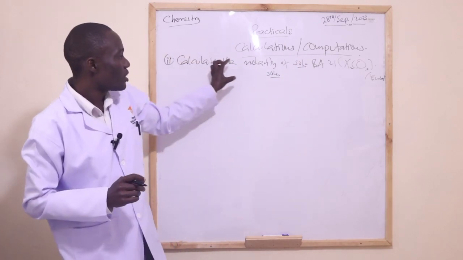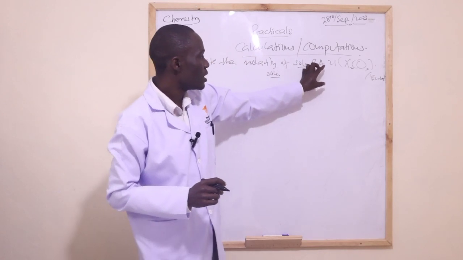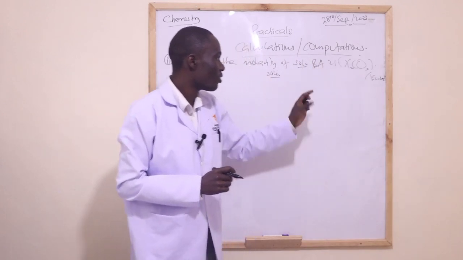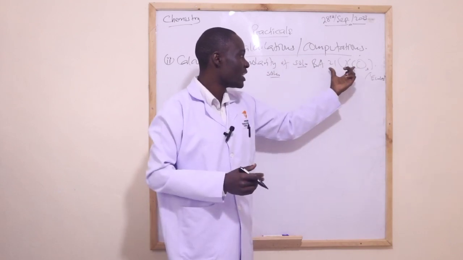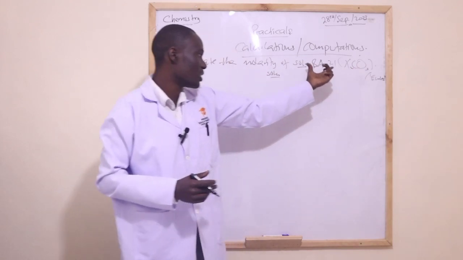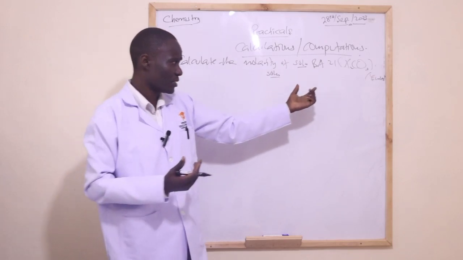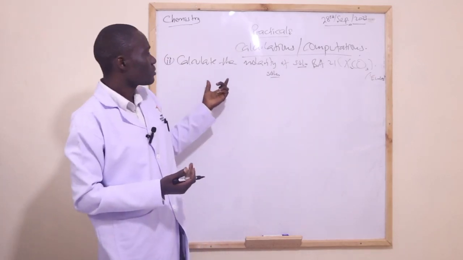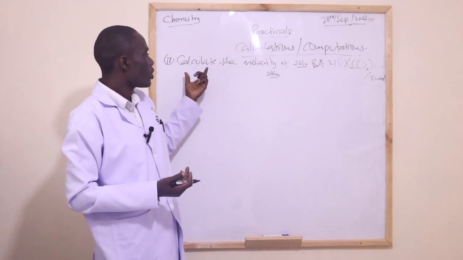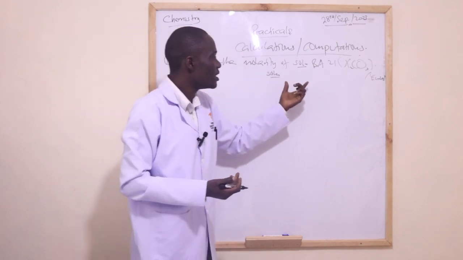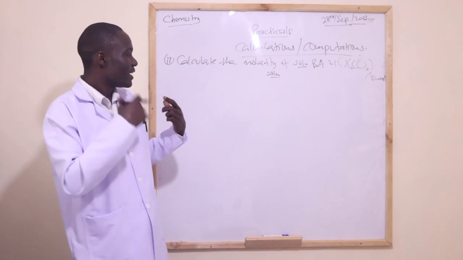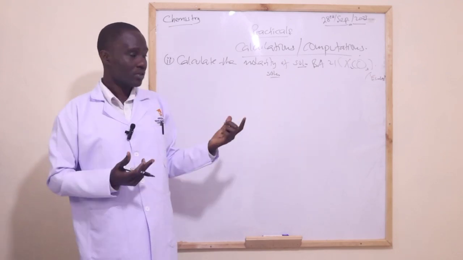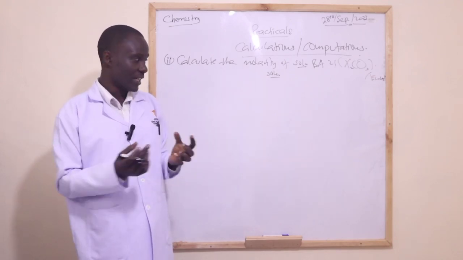So getting the molarity of this solution BA21, because it forms our unknown concentration, our unknown solution, it means we need to write the chemical equation that took place whenever we reacted.